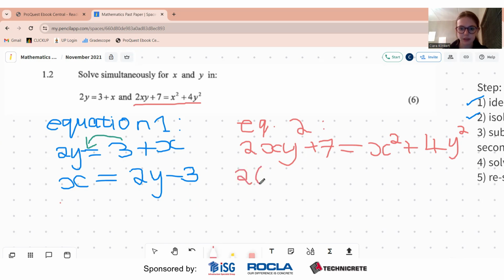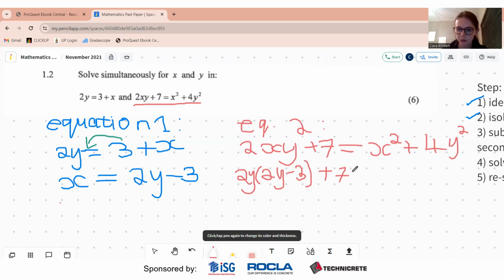Okay, so in the place of x here, I'm going to write 2y minus 3. And then this is multiplied by y. But to make it look a little bit nicer, I'm going to move the y out to the front here. Plus 7 is equal to, it's a bit long, now I've got another x.